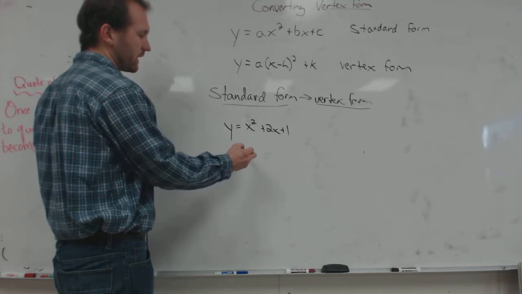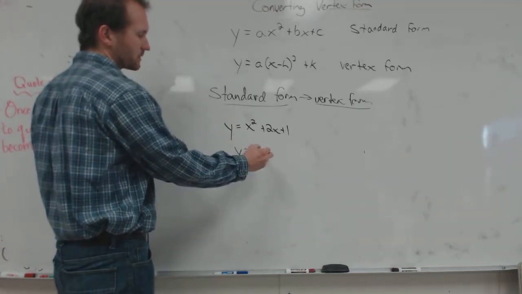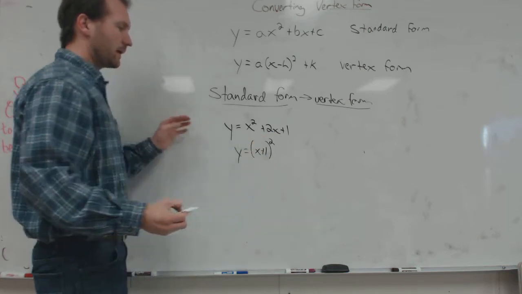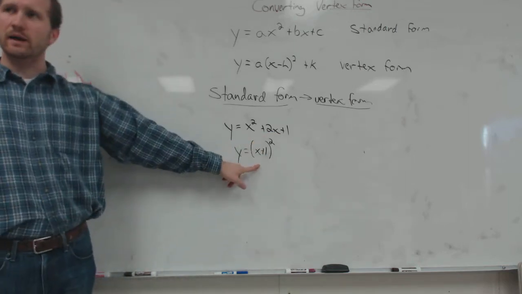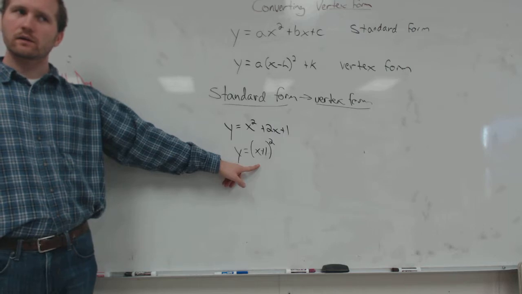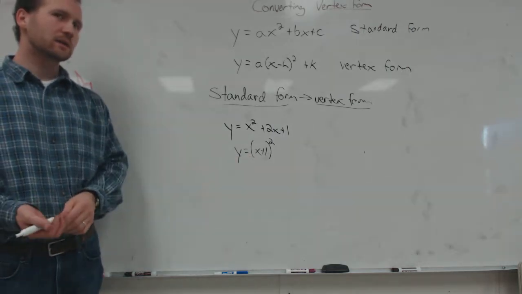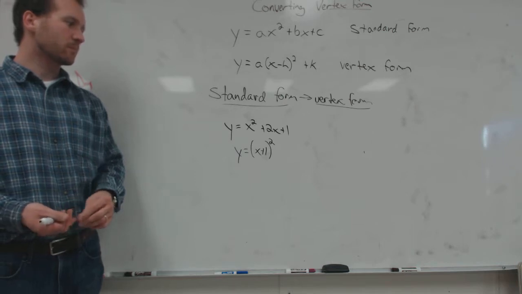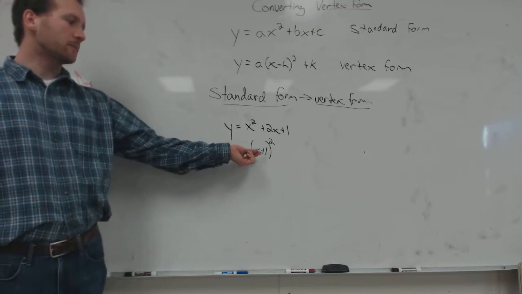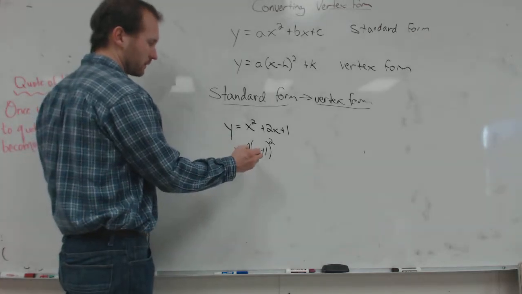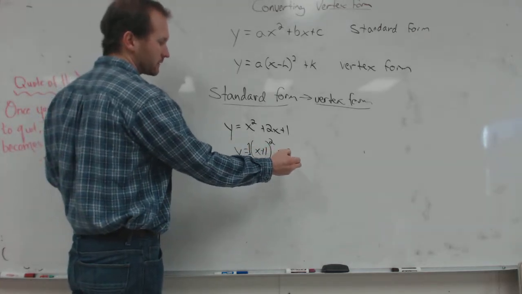All I have to do is factor this, and this becomes (x plus 1) squared. And this is vertex form now. Okay? This is vertex form because my a is 1, right? And my k is 0.